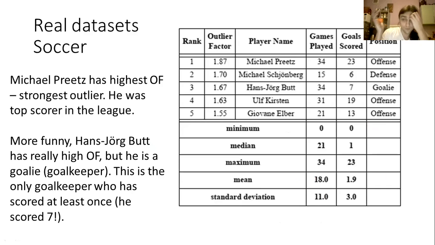And why do we do all of this? I can demonstrate it with real datasets. This is a soccer league dataset with data on players: how many games they played, how many goals they scored, and also the position where they played.